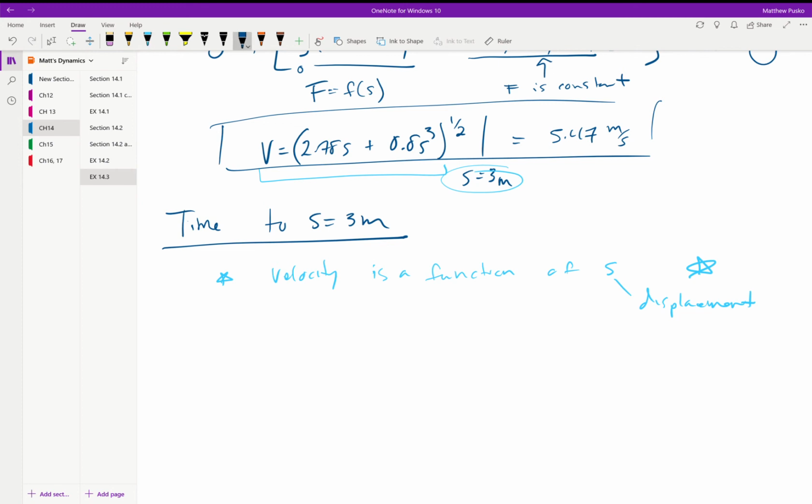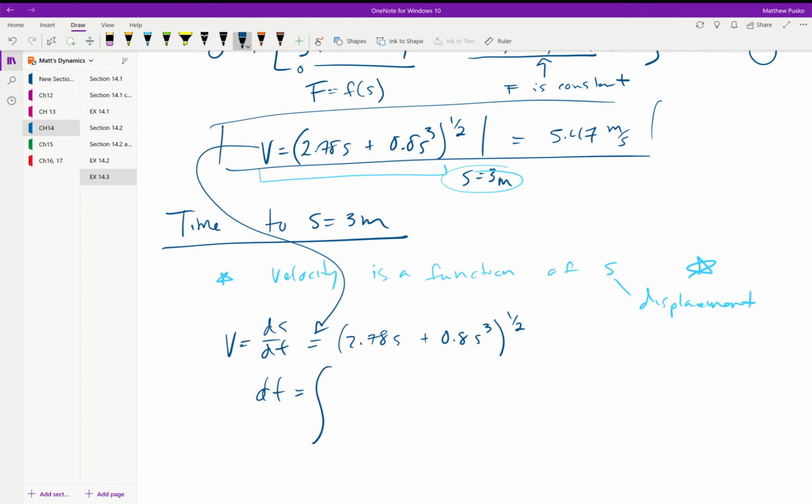So let's use the definition that the velocity is equal to ds dt, the time derivative of the position, and the velocity was given right here as 2.78s plus 0.8s to the third, all raised to the 1/2 power. Now I can rearrange so I get dt by itself, and my s is all on the other side.